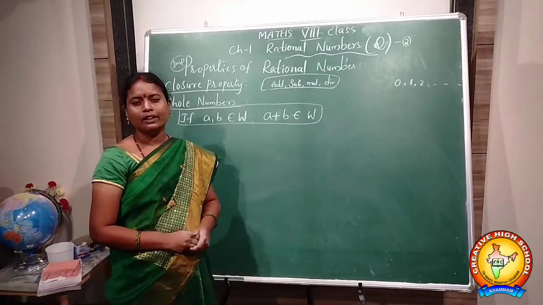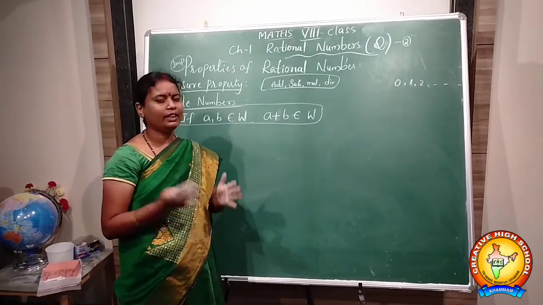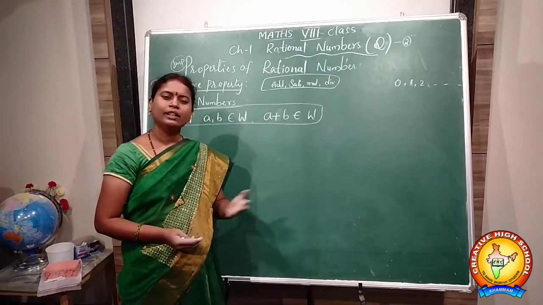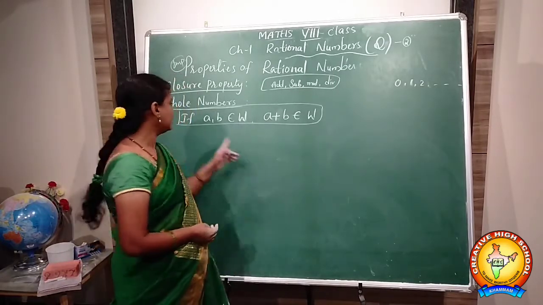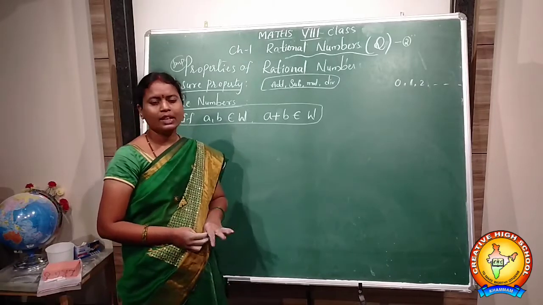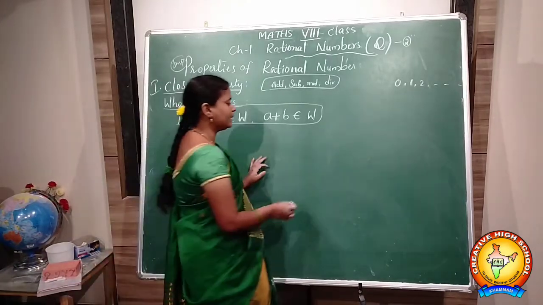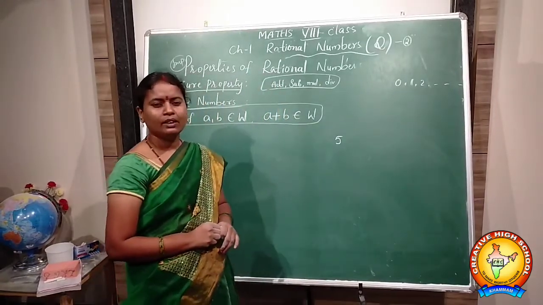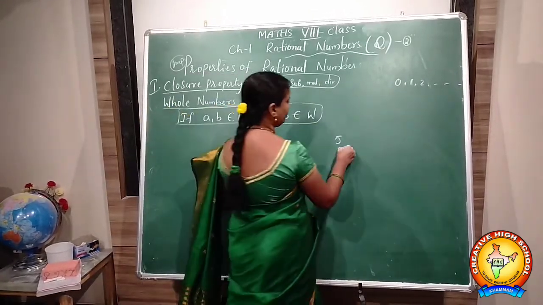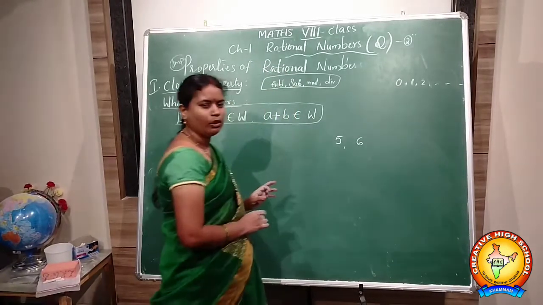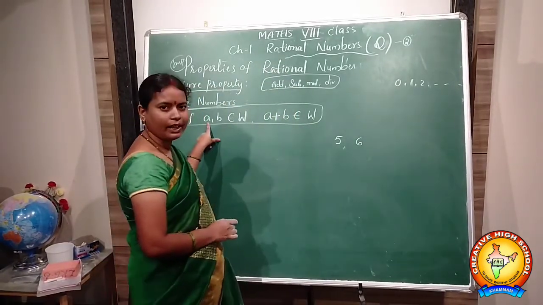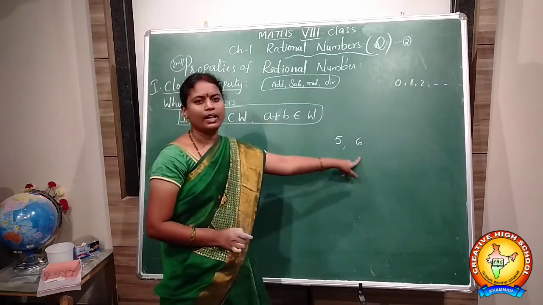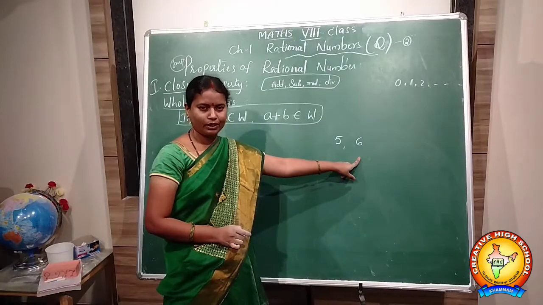How can we check? We have to take different examples. Whether the resulting number is also a whole number, then we can conclude that yes, if a and b belong to whole numbers, a plus b is also a whole number. See here, I am taking 5, a whole number. 6 is also a whole number. That means in the place of a, I am taking 5, and in the place of b, I am taking 6.